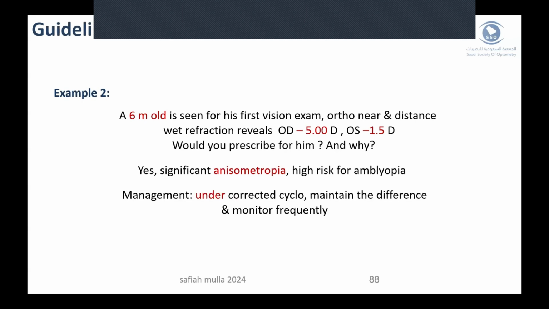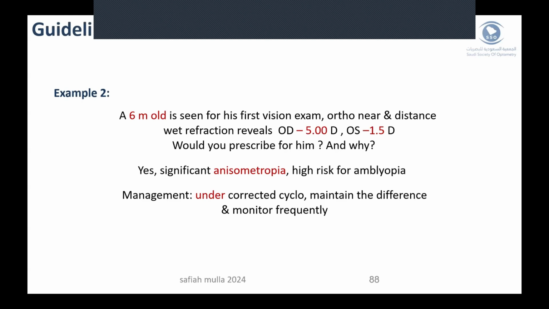The management will be undercorrected cyclo, because he's 6 months old, so that we maintain emmetropization not affected, and then again maintain the difference between the two eyes. So if you give him -4, then you give him -0.5 in the other eye. If you undercorrect them, you have to maintain the difference between the two eyes.